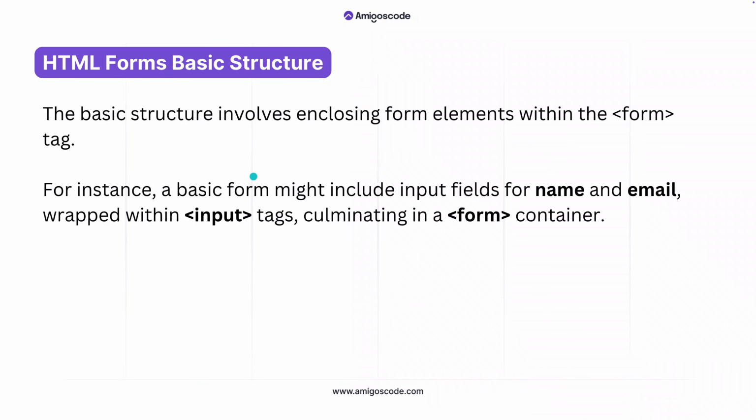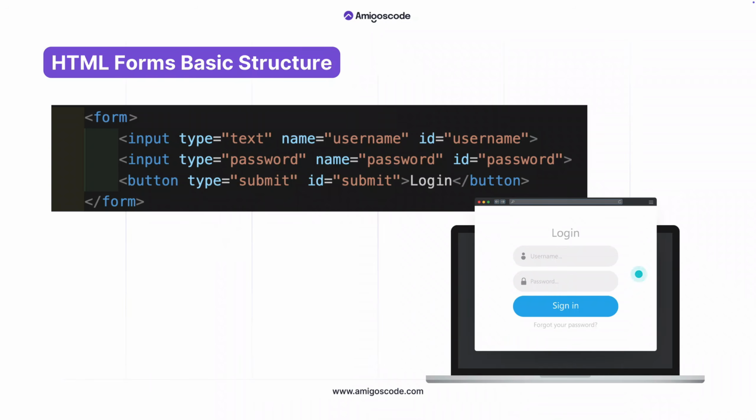So the basic structure involves enclosing the form elements within the form tag in here. And for example, in the login form example that you saw before, we have name and email, or password. So we have the input tags within the form container. And here's the actual example. You can see that we have a form, and then within the form we have two inputs.